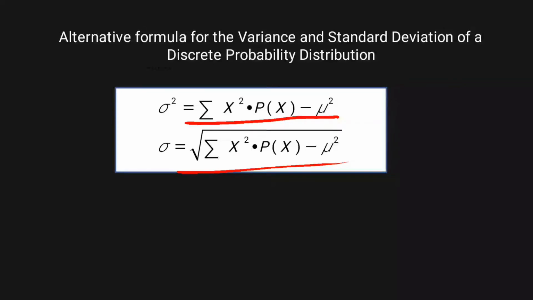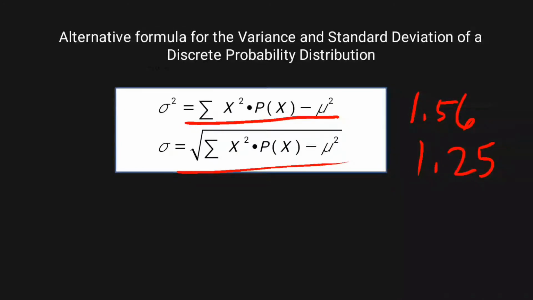Okay, so solve natin yung example natin using this formula. Kailangan makuha natin, ganun pa rin answer. So, variance natin is 1.56. Then, standard deviation is 1.25.